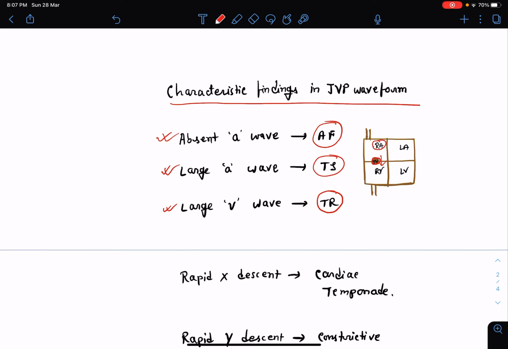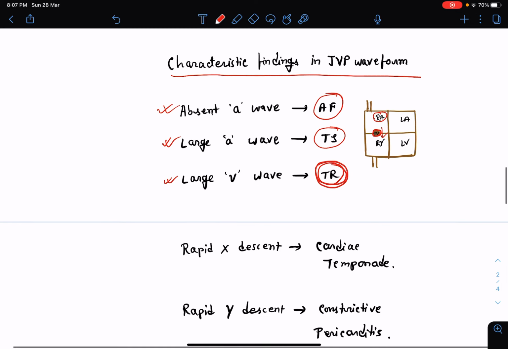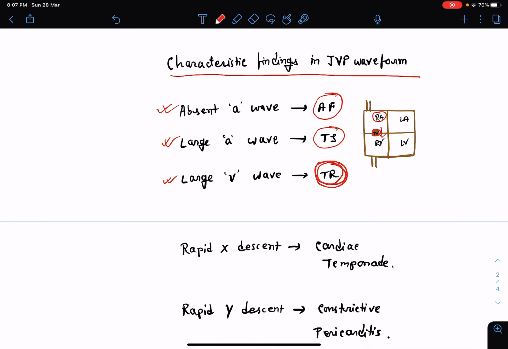Filling of blood in the right atria results in increased pressure in the right atria, which is reflected back into the internal jugular vein. So when there is tricuspid regurgitation, that means the blood flow is not only from the vena cavas into the right atria, but also blood from the right ventricle goes back into the right atria due to regurgitation.